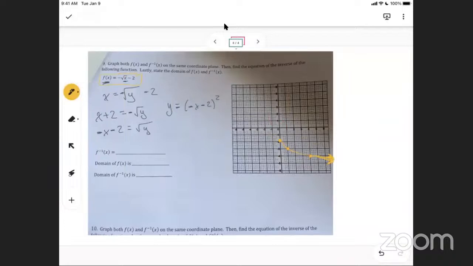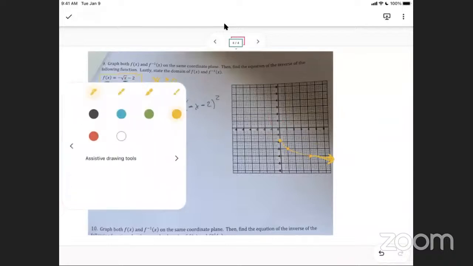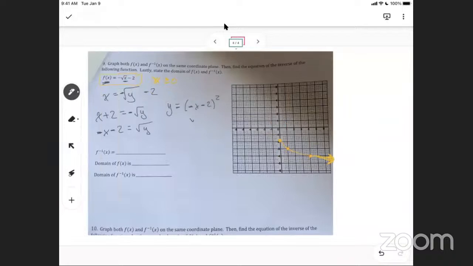Your domain was x had to be greater than or equal to 0. So when you flip the x and the y, you have to write that y has to be greater than or equal to 0. Okay. You have to impose that restriction on it.